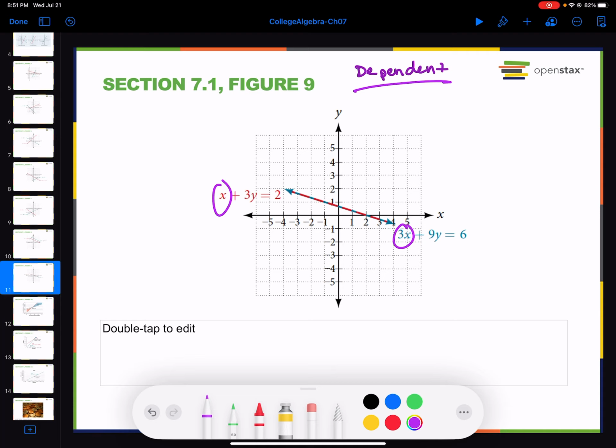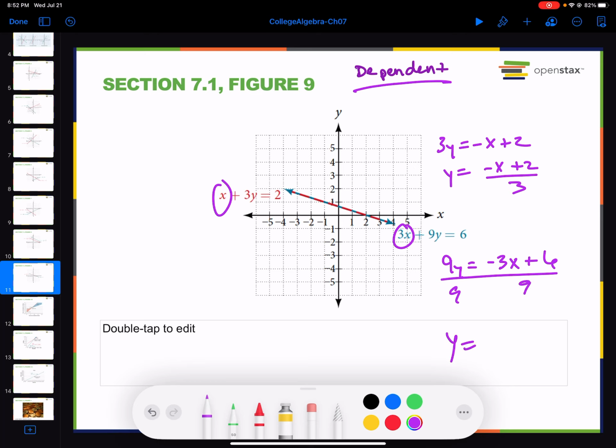So let's go ahead and do that. We've got 3y equals negative x plus 2, or y equals negative x plus 2/3. And then here we've got 9y equals negative 3x plus 6, divided by 9.